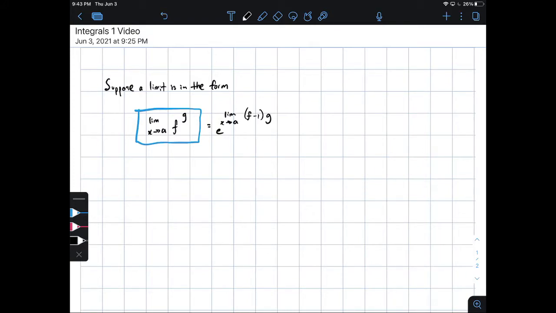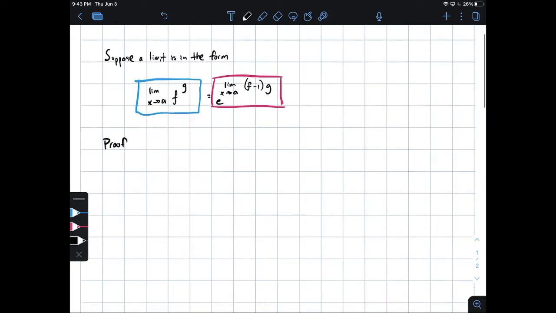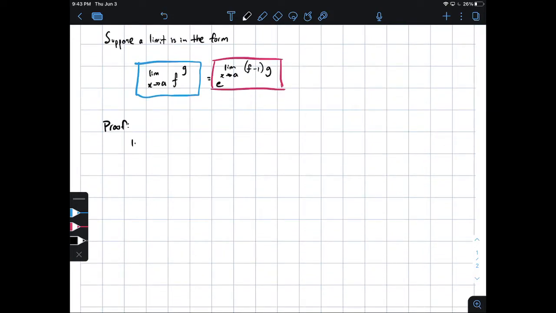And honestly, that's a pretty neat identity. That's why I wanted to take a peek at this integral problem, which I'll show in a little bit. But yeah, I feel like that's pretty neat. So let's prove that. So we're gonna look at the proof. The first thing we're gonna do is start out with the initial condition, which is the limit as x approaches a, f to the g.